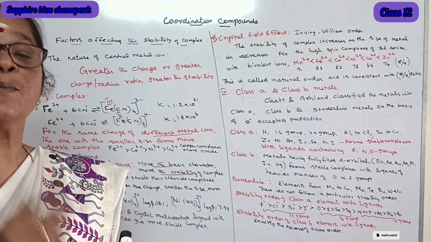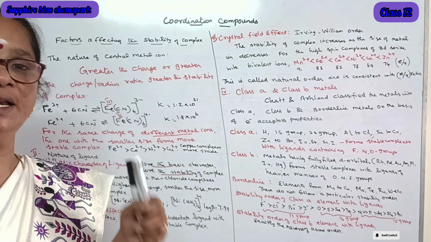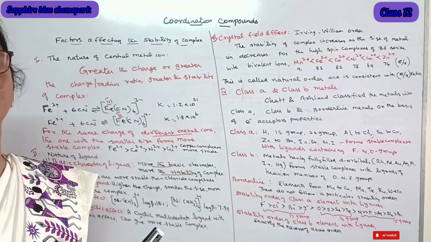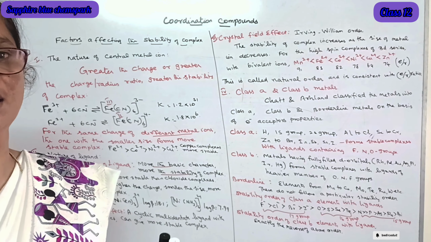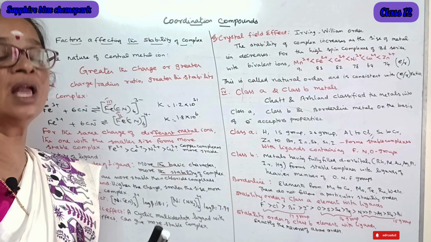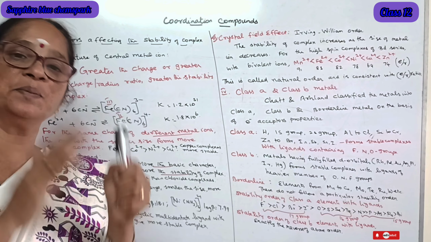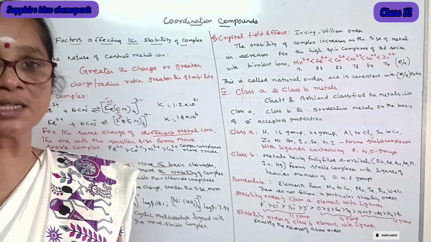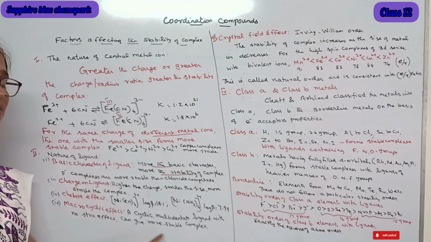Those will be multidentate ligands. For example, EDTA we can say. EDTA is a hexadentate ligand, but EDTA has no closed cycle. It is an open chain only. Besides EDTA, we may have ligands that themselves have the cyclic structure and, free from steric effect, can give more stable complexes.